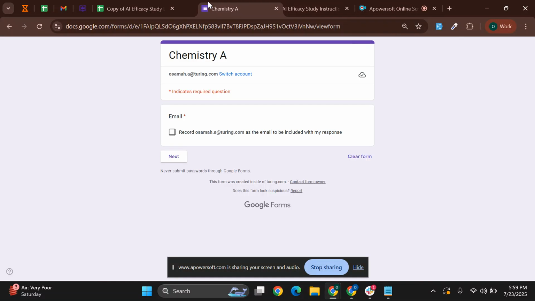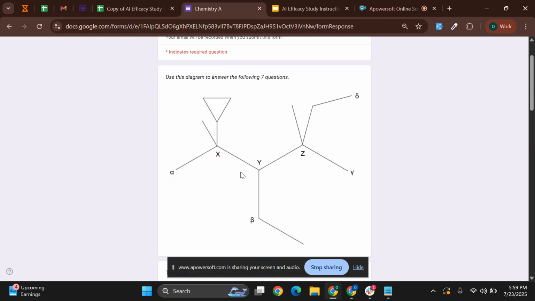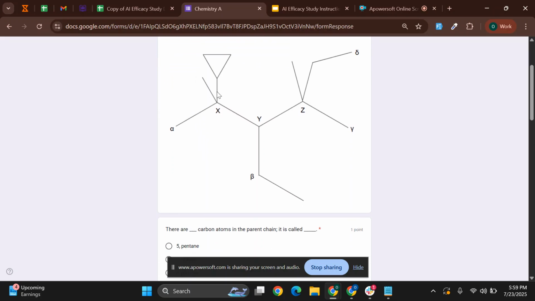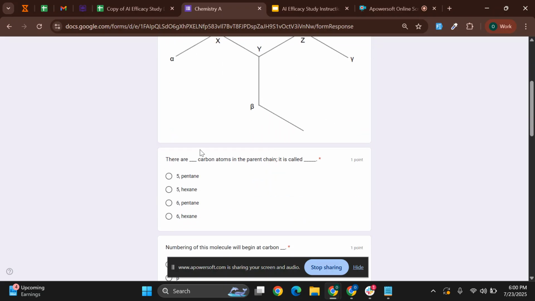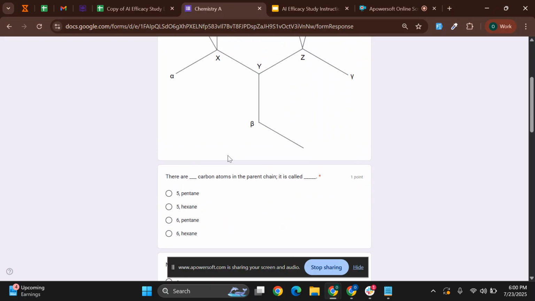That's version A. So let's get into it. Use the diagram to answer the following question. This is a diagram, an incomplete hexagon. One, two, three, four, five, six. So there are dash carbon atoms in the parent chain.